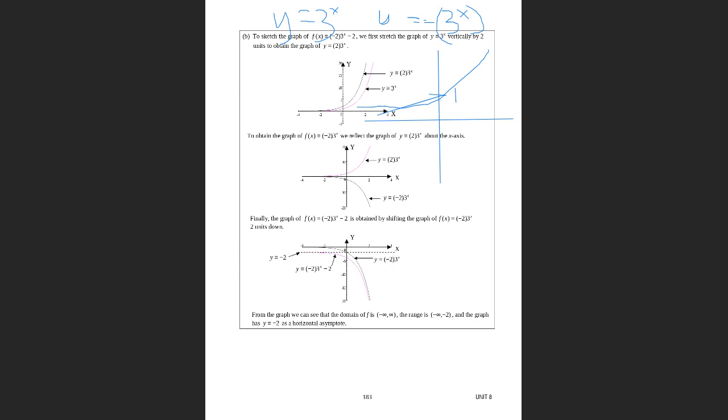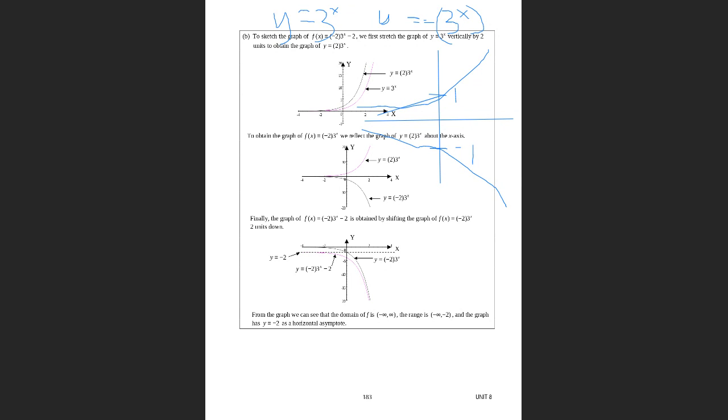Now that you negate the whole function, the graph is going to reflect on the x-axis. You have negated the y, and now the graph is going to go like this. So you must know these dynamics. It's the same as the calculation that we did when we did Unit 3 back on campus.